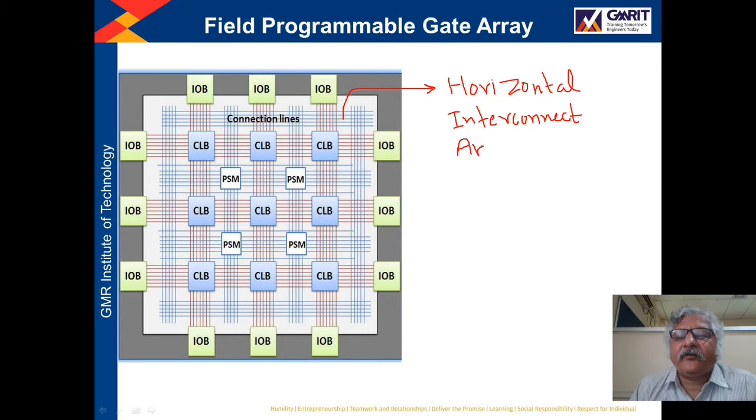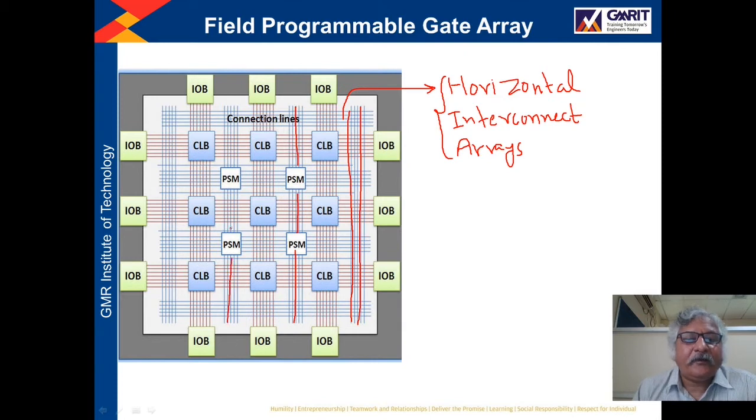There are many horizontal wires, and these horizontal wires are called horizontal interconnect arrays. In the same way you can see vertical wires like these vertical lines. You can find many vertical wires, and these vertical wires are called vertical interconnect arrays.